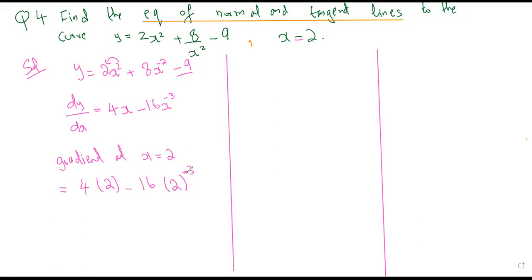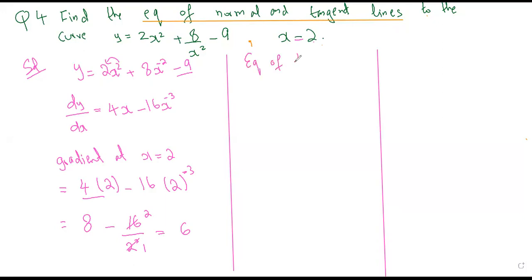It is basically the derivative, and instead of x, I've plugged in the x coordinate. And this will give you 4 into 2, that is 8, minus 16 divided by 2 to the power 3, and 2 to the power 3 is 8. So it is 2 times. So 8 minus 2 is 6. This is the gradient of the tangent line. So now I have the gradient of the tangent line.